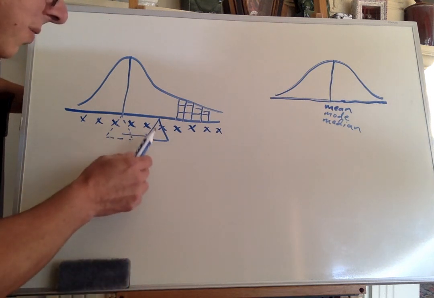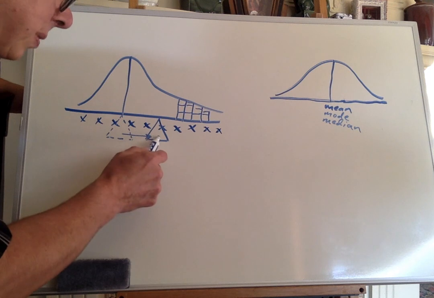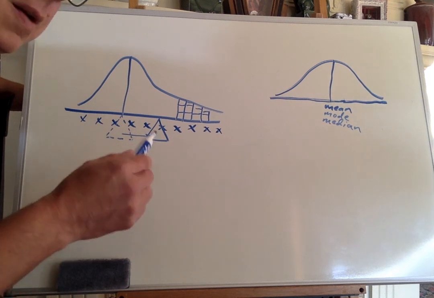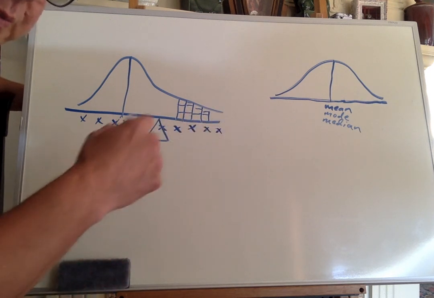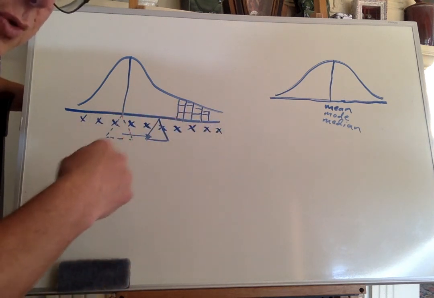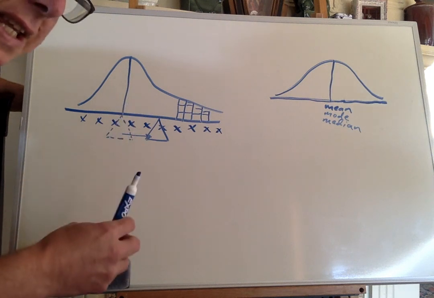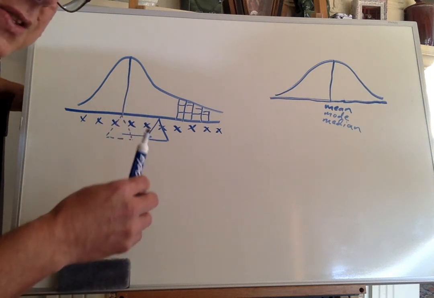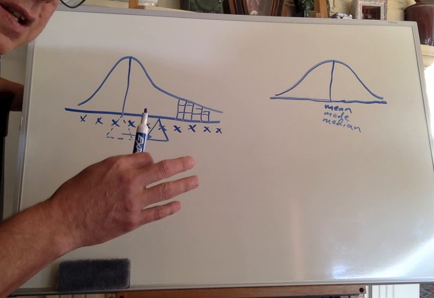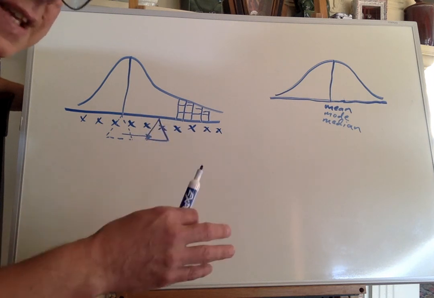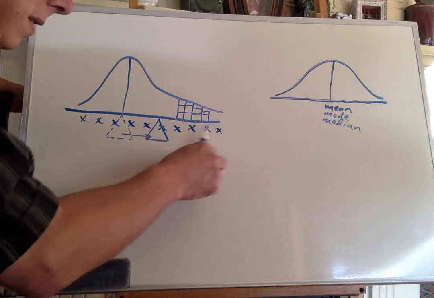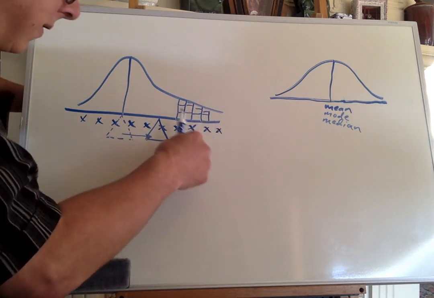If you have a skewed distribution, the mean gets pulled out this way. But if you recall from our little thought experiments moving the boxes, the median tends to be affected less. The median is affected less by an outlier like this, or a bunch of outliers when it's skewed.